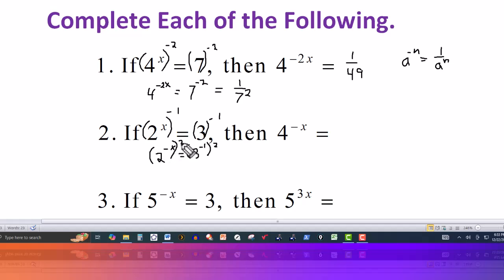But there's a property that if you have it this way, you can just reverse these and put this inside and this outside. So let's bring the 2 in. That would give me 2 squared, which is 4, and the negative x would be outside.